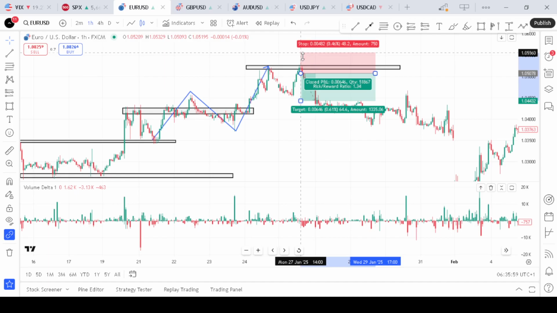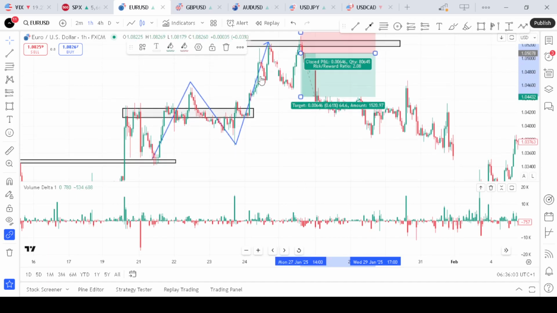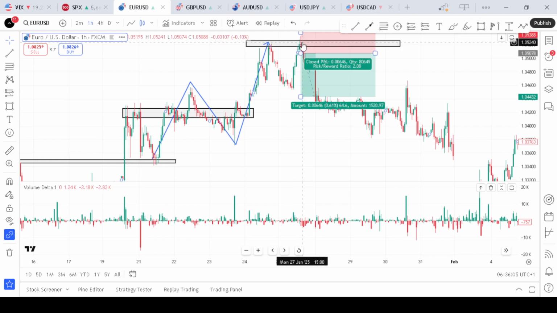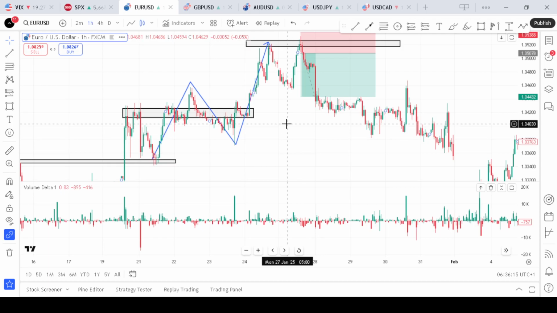This is where we place it, above your resistance or your divergence candle. This candle over here, where we see price from its last bearish move before it swings to the downside. This is where we basically place our stop loss. This minimizes our risks and allows us room for normal market fluctuation.